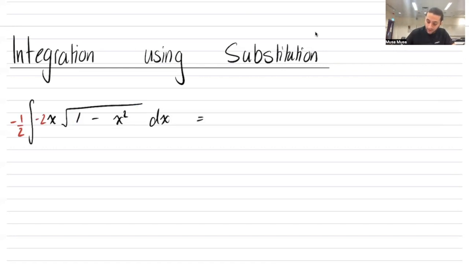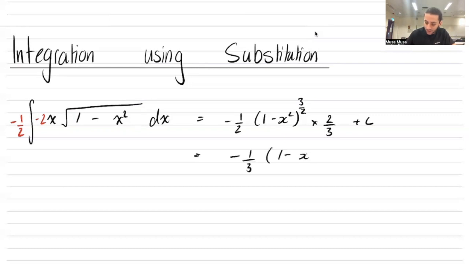This is going to be minus a half, and then it's 1 minus x squared. Because it was originally put to the power of a half, you add on to the power and make it 3 on 2. And then you divide by 3 on 2, so you multiply by 2 over 3, and you put a plus c. You'd end up with minus 1 on 3, 1 minus x squared to the power of 3 over 2 plus c.